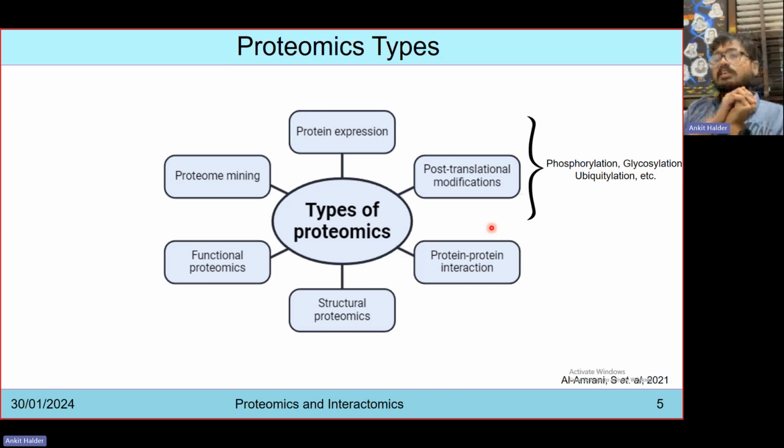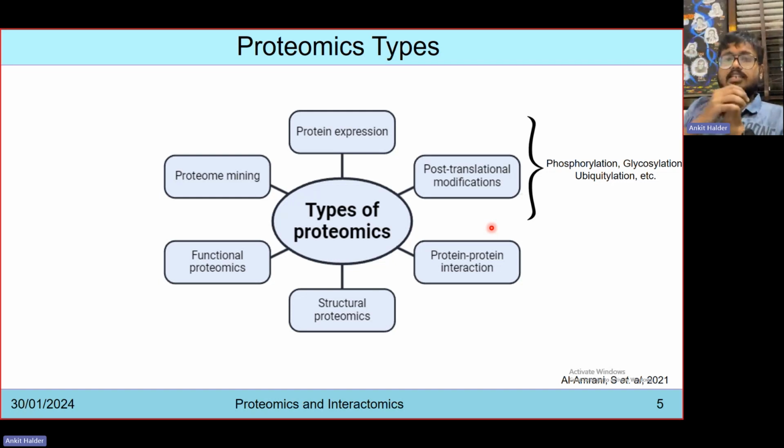The major point is that proteins also interact with other biomolecules, as well as with other proteins, which leads to functionalities or certain effects, and can have downstream cascades of effects. So it is always necessary to understand this.